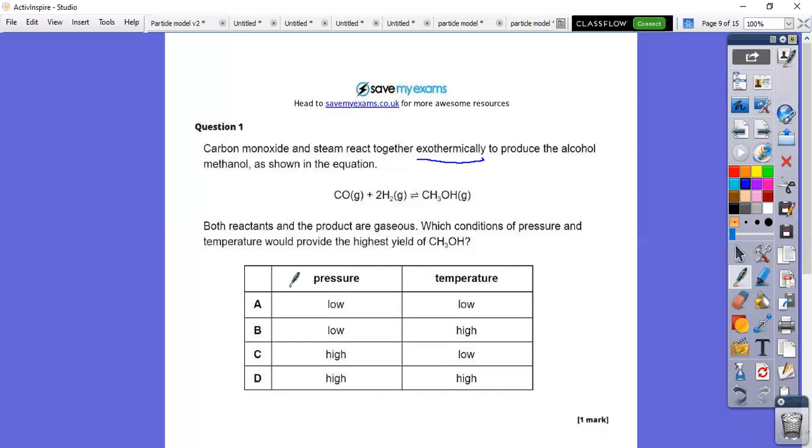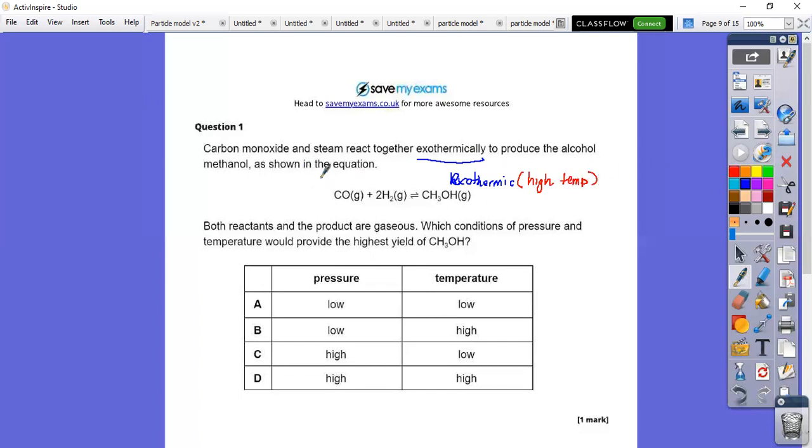So think about it. It says that this reaction, moving this side, is exothermic. The way I wanted you to think about exothermic, maybe that might clarify things in your mind a little bit, is think high temperature.